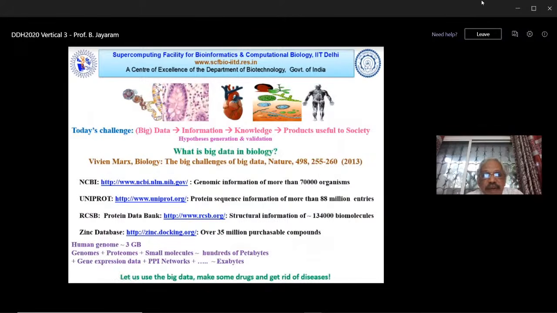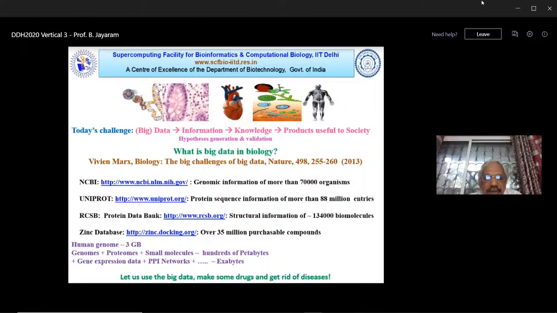We are living in the world of big data, and this data is increasing tremendously. When I say big data, one of them could be the genomic information of several thousands of organisms, and protein sequence information in millions and millions of entries, and the protein structural information, structural data banks are swelling.